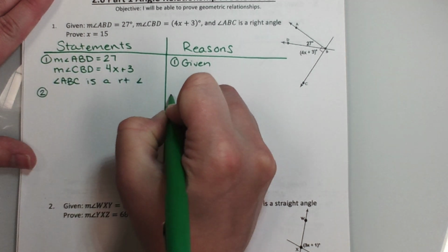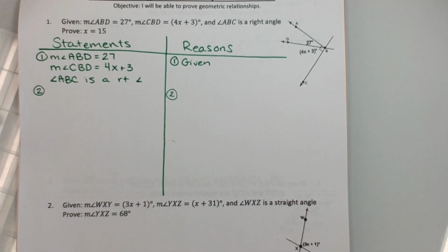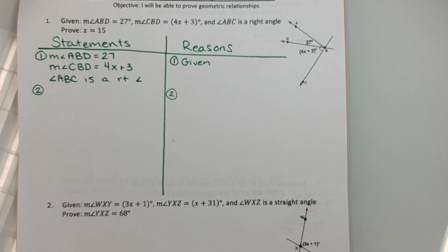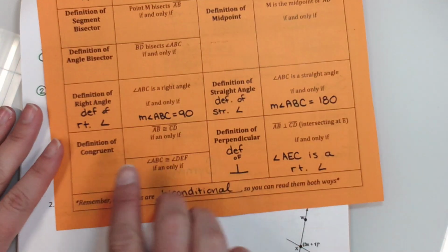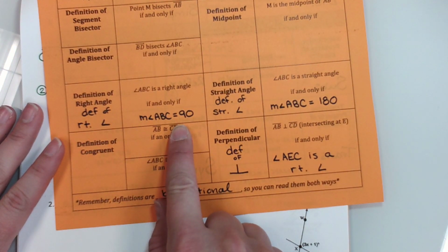That is actually going to tell you that that's probably the next thing you do in your proof. If you didn't think of that right off, remember, go back to your 5 things. The first thing we look for is words. Do I have a word in my proof right now? Yeah, I've got right angle in my proof. And so I go to my orange sheet and I find where it says right angle, and the definition of right angle says I can change it to 90 degrees.